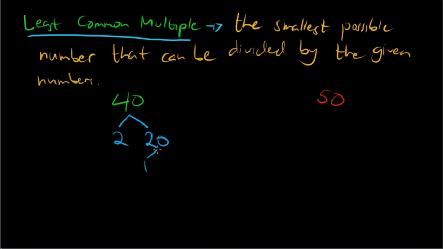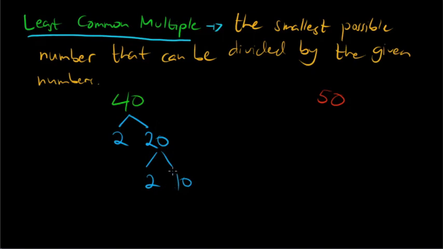Hindi lang 1 times 20 ang pwede kong ilagay para magkaroon ng product na 20. Meron pang iba. Ibig sabihin, pwede ko pang i-breakdown si 20 as a product of 2 prime factors, which can be 2 and 10. 2 times 10 will give us 20. Again, si 2 is a prime number, so you don't have to worry about that.